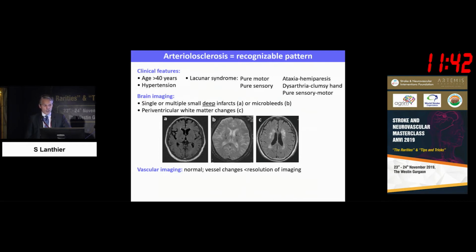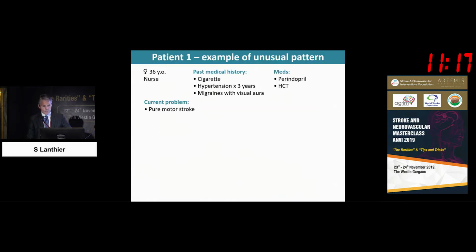On brain imaging, it's possible to see single or multiple small deep infarcts or microbleeds or both, as well as periventricular white matter changes. Because the vessel changes are below the resolution of vascular imaging, most of the time these tests are normal in patients with arteriolosclerosis.